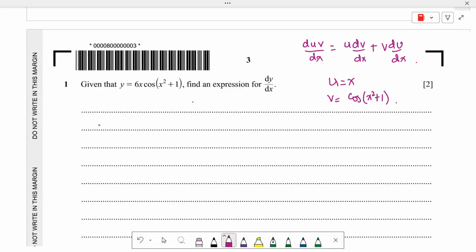Okay, so let's apply it. dy over dx is equal to 6 times x, so u, which is x, times the derivative of v, which is the derivative of cos of (x squared plus 1), plus v, which is cos of (x squared plus 1), times the derivative of u, which is x.